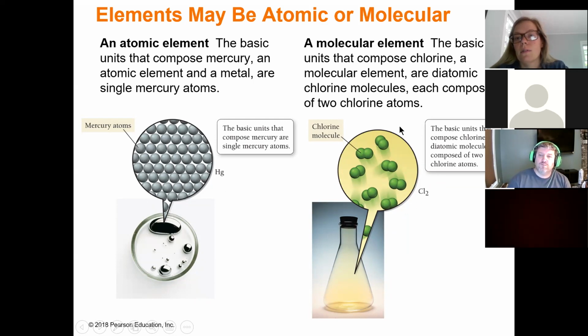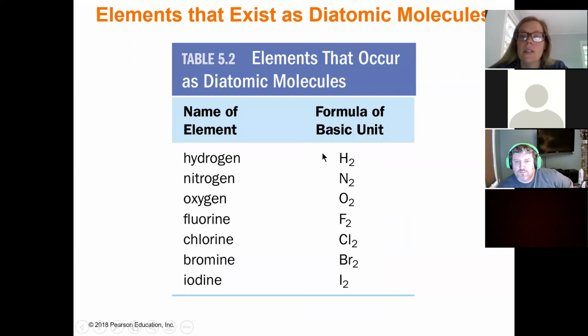Over here, we've got a molecular or diatomic chlorine. If we were to look at this pure chlorine gas on a microscopic level, we would see that the chlorines have clumped together. Okay, so Cl2 is the base unit. These are all the things that form diatomic molecules. You do need to know these.